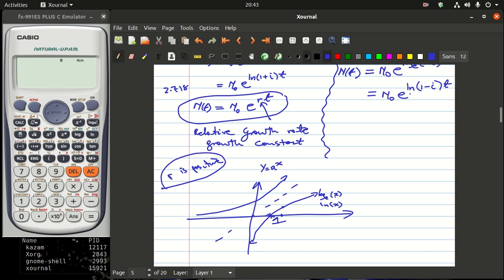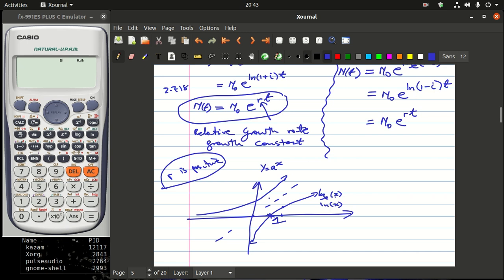Now, if we come to this side here, I'm going to say that we have N naught, and then we have e raised to some R, and then we have a T. R is going to be that. I have a value 1 here. I'm subtracting a value that is positive here.